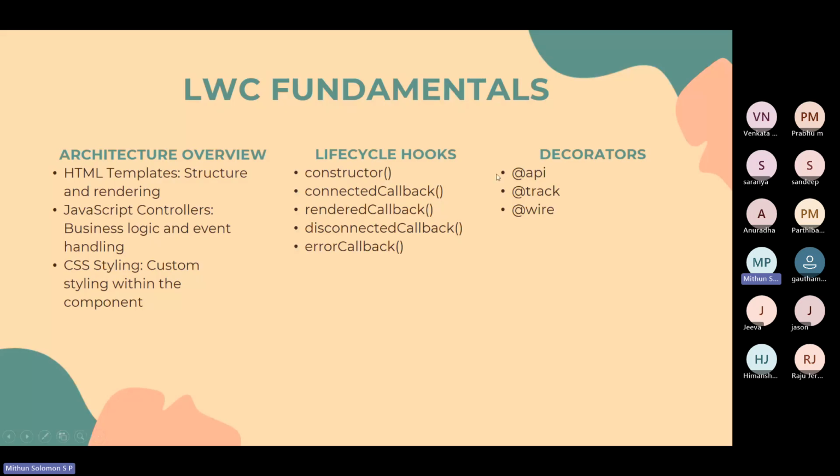So these are methods which get invoked at that point of the life cycle of the component, and we'll be able to work on something or do some logic when the component is getting pushed.